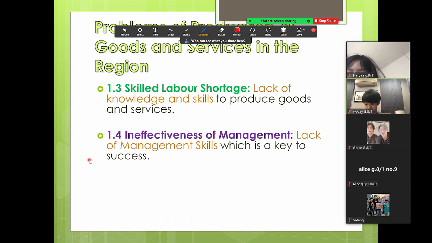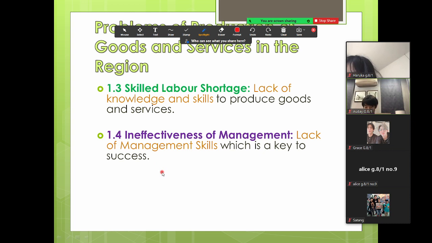Management skills are key to success in business and also agriculture. How would they manage? How would they market? How would they sell? How would they manage their resources? Management is key to success in all aspects.